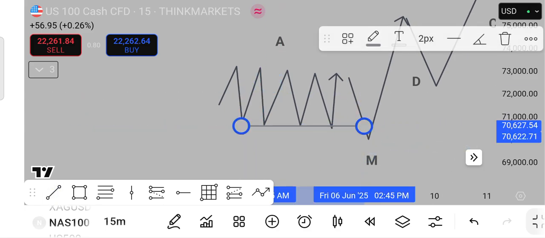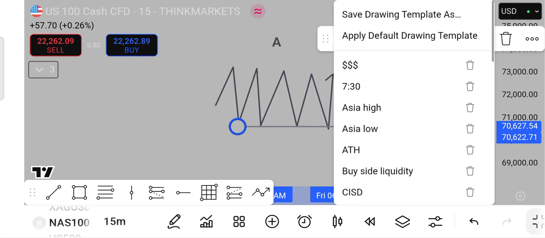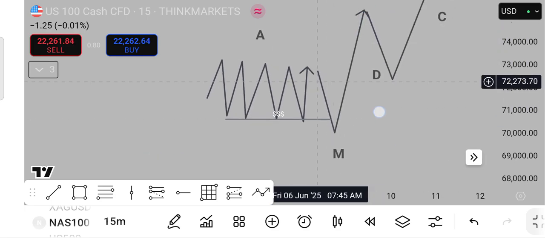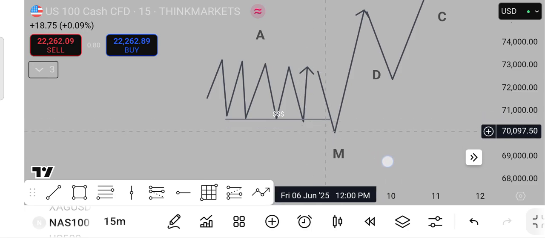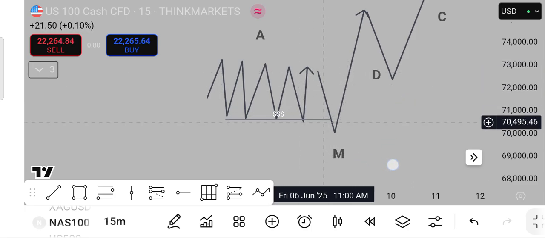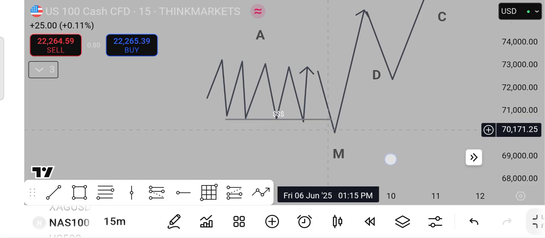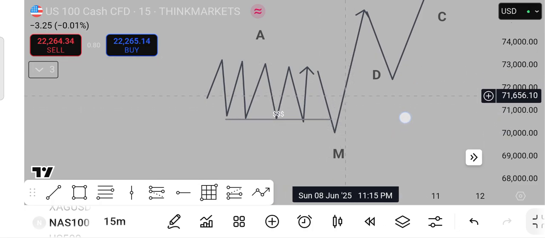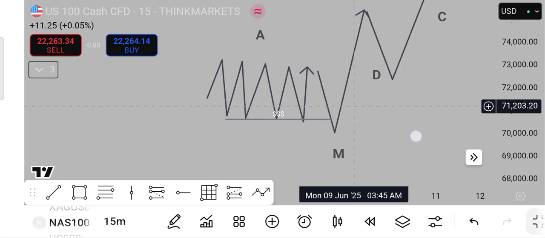These lows will be taken out simply by the manipulation candle. A big displacement candle will come to the downside, take out these lows, and again move back, creating a wick downside that shows strong manipulation and gives us a low time frame model to trade, inversion FVG or change of state delivery here.